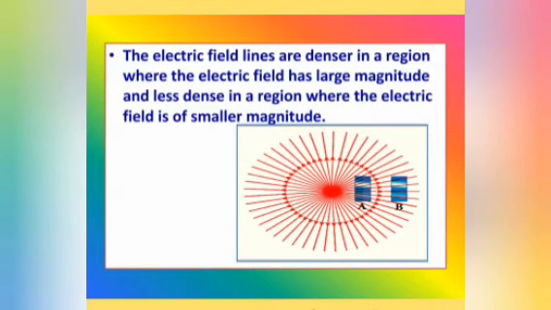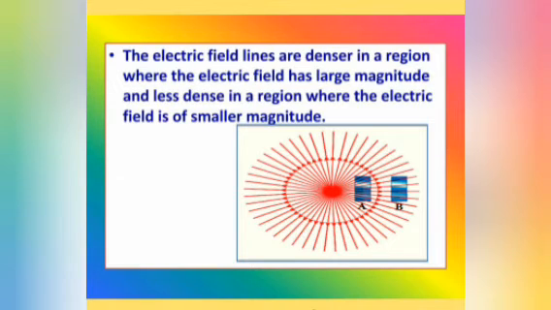Next point. The electric field lines are denser in a region where the electric field has large magnitude and less dense in a region where the electric field is of smaller magnitude.